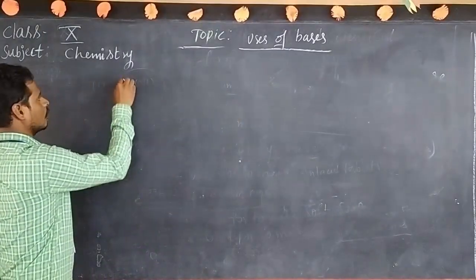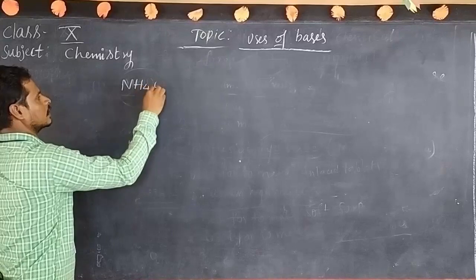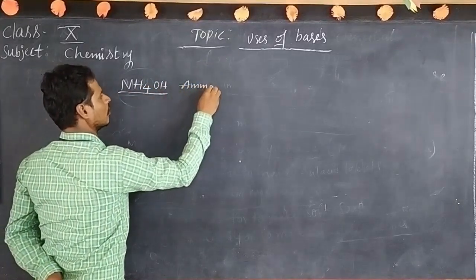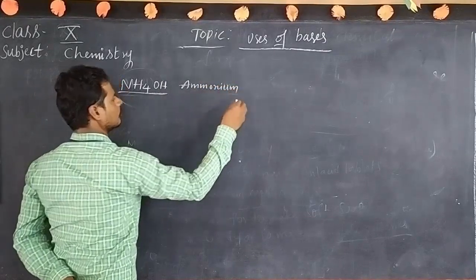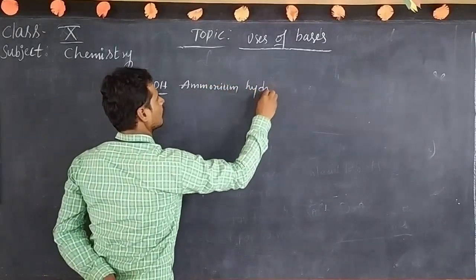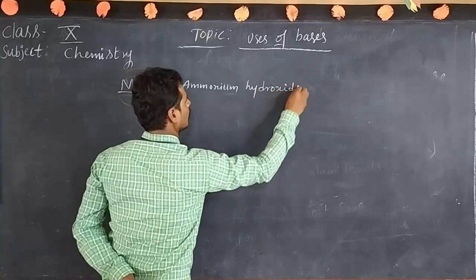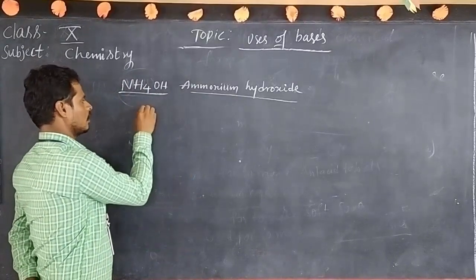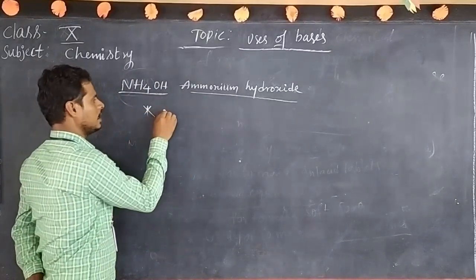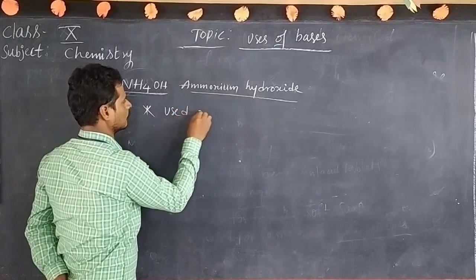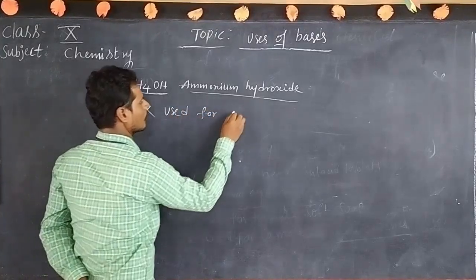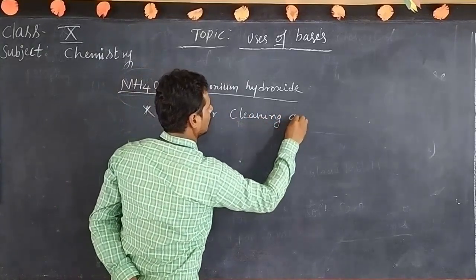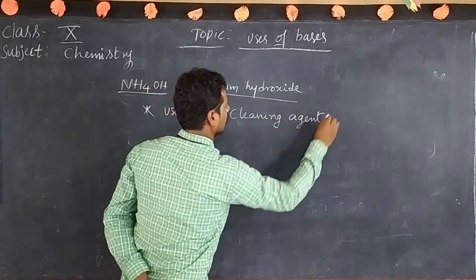Next, ammonium hydroxide. What is this name? Ammonium hydroxide. So what is the use of ammonium hydroxide? It is used as a cleaning agent.